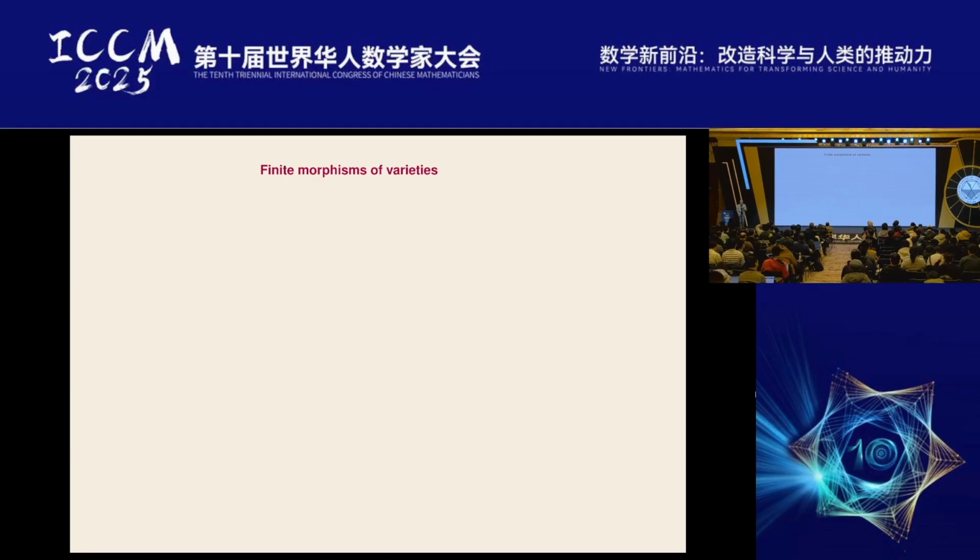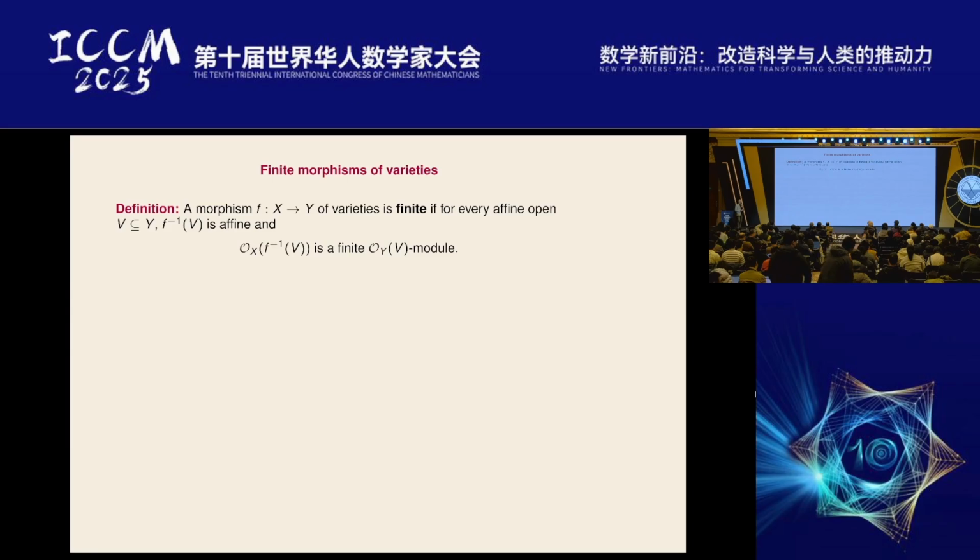Okay, but I'm going to do algebraic geometry today, so we can generalize this to the setting of algebraic varieties. For this, we look at finite morphisms between two algebraic varieties.